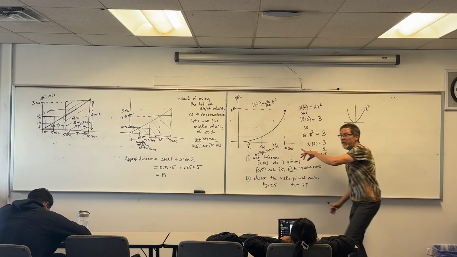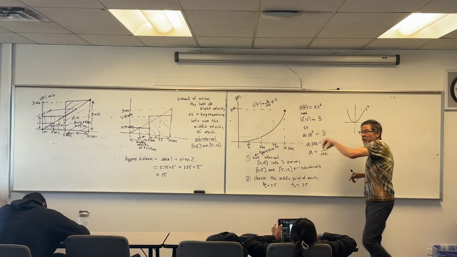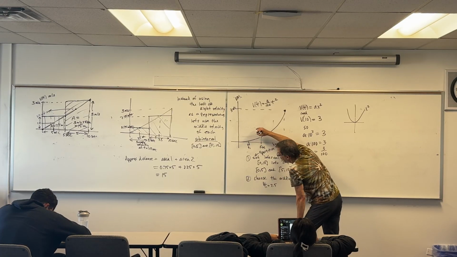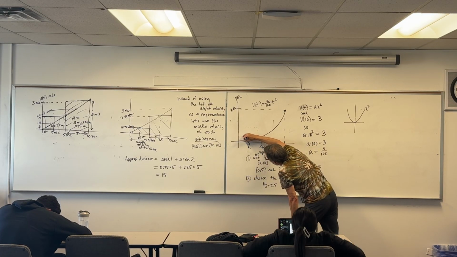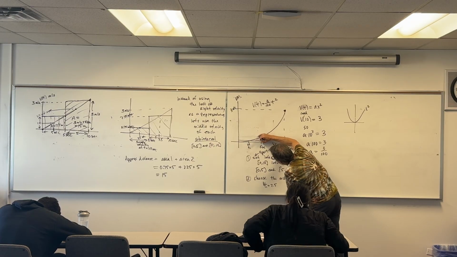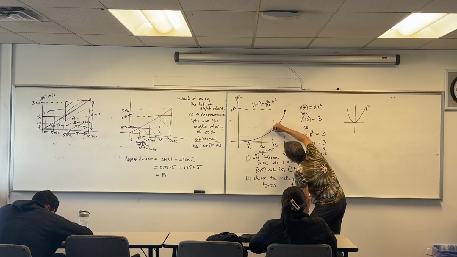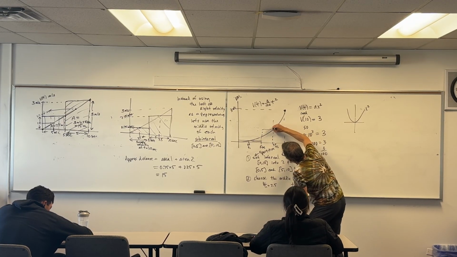And I'm gonna make a rectangle on each of those using the height at that point. So here I go up to the curve and I make a little approximating rectangle of that height. And then over here I go up to the curve and I make an approximating rectangle of that height.